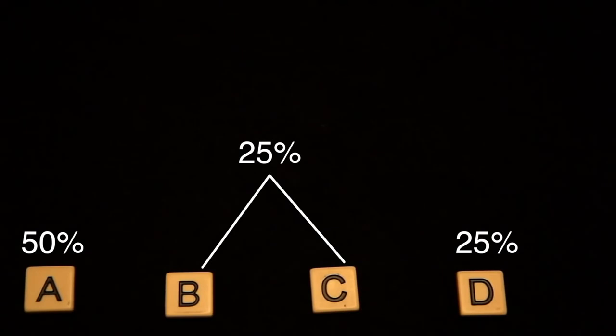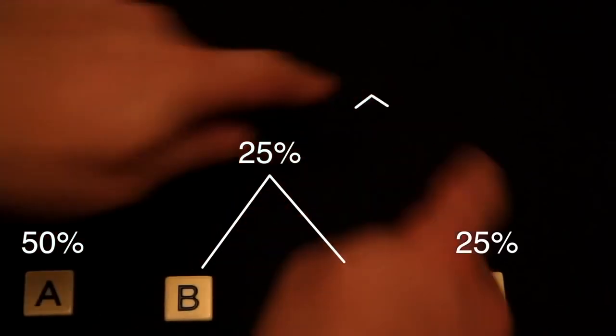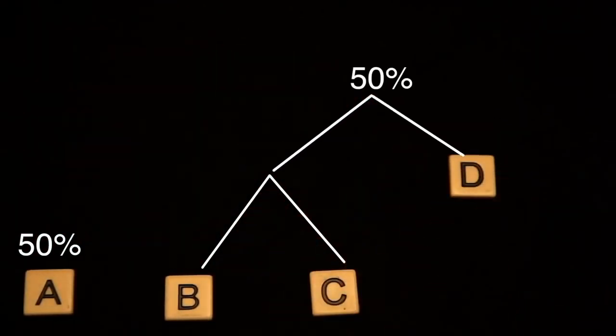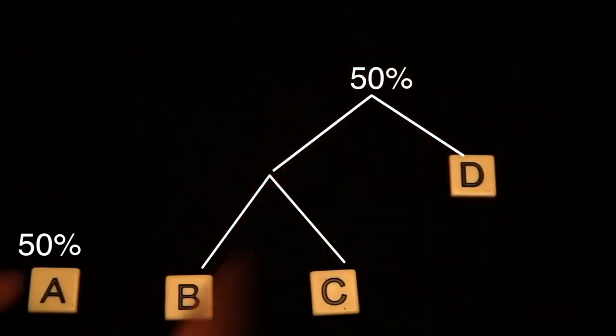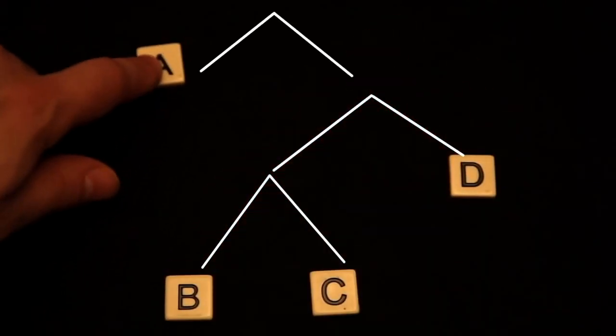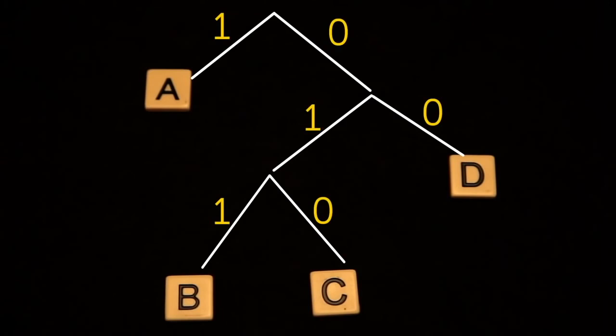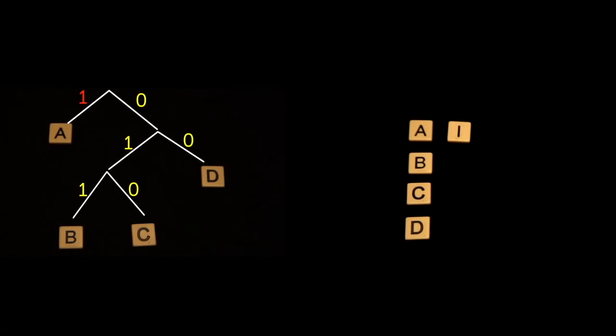Then we repeat with the next two least likely nodes and continue merging until you have a single node at the top. Finally, we label the edges in this tree with 0 or 1 in any order. Now the code for each letter is just the path from the top of the tree to the given letter. So for A, it's just one edge, or 1.